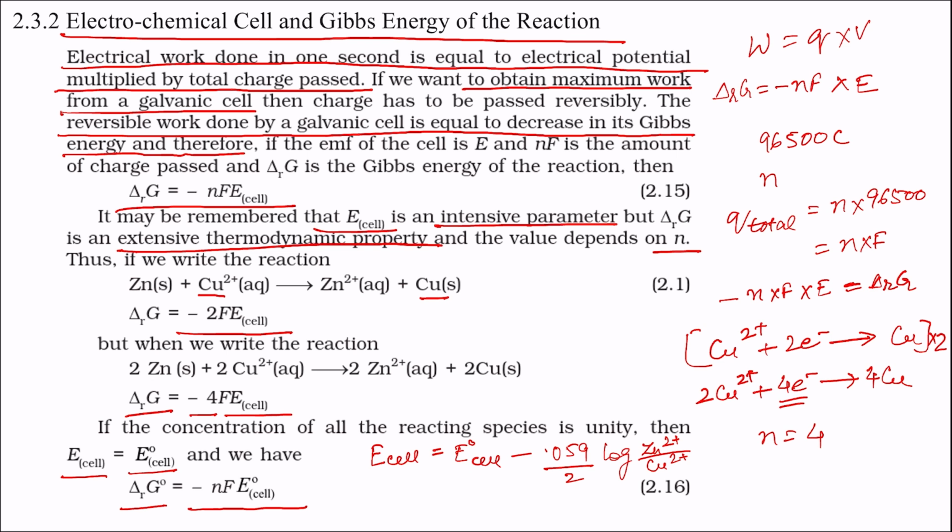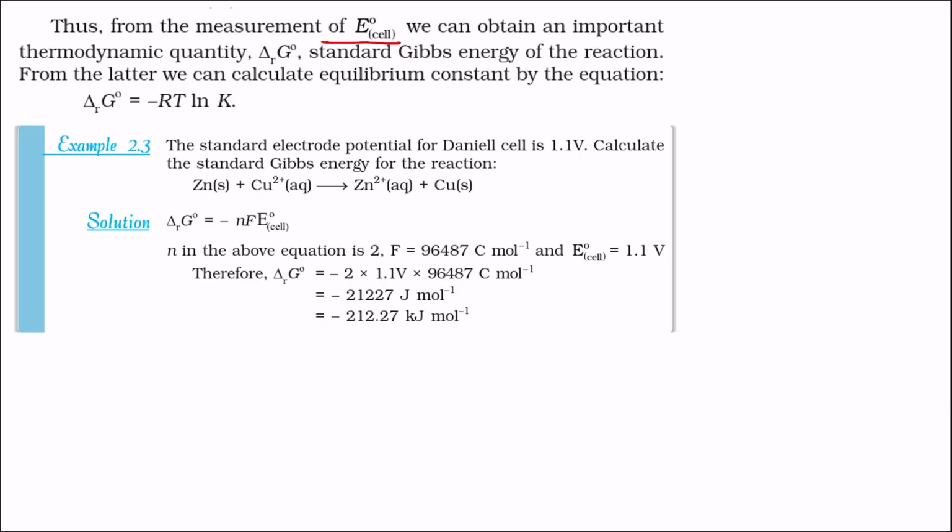If the concentration of all the reacting species is 1 M, meaning the concentration of zinc ions is 1 M and the concentration of copper ions is 1 M, then log 1 to the base 10 is 0. This expression becomes 0 and E cell becomes equal to E naught cell. So delta G naught is equal to minus nF E naught cell. Thus from the measurement of E naught cell, we can obtain an important thermodynamic quantity, delta G naught, that is the standard Gibbs energy of the reaction.